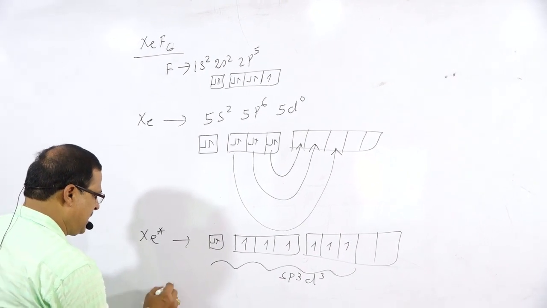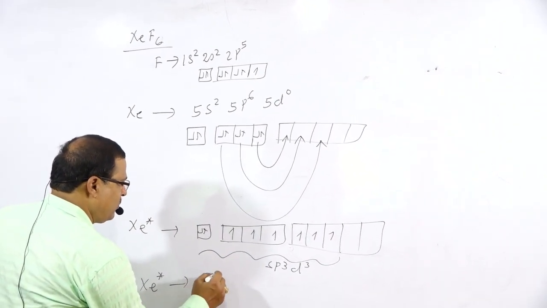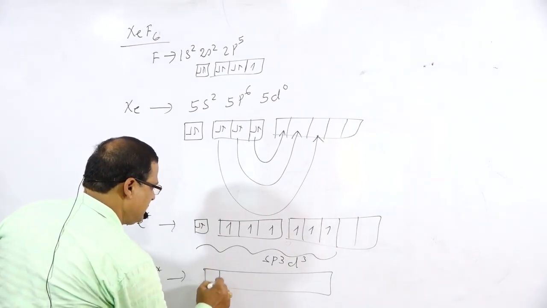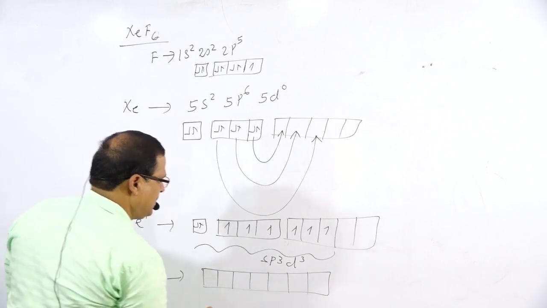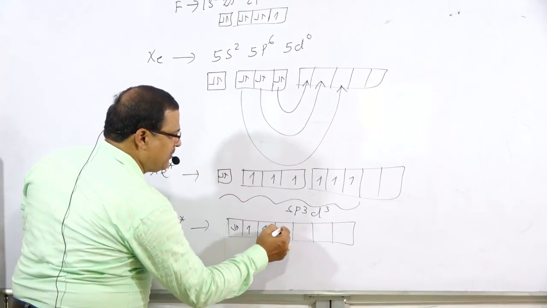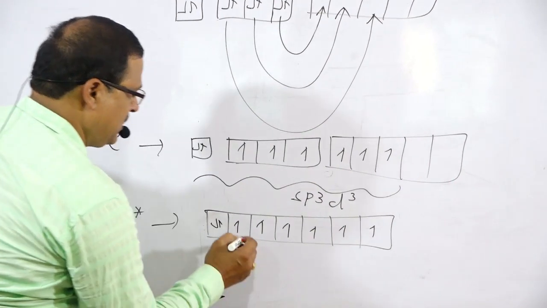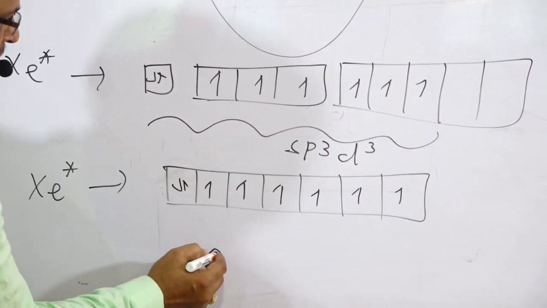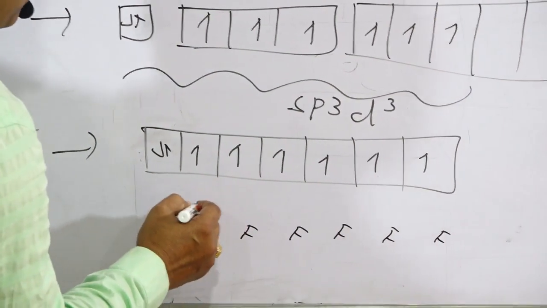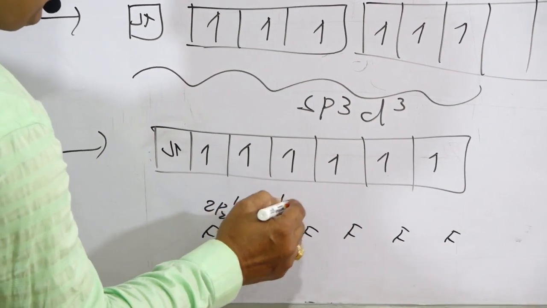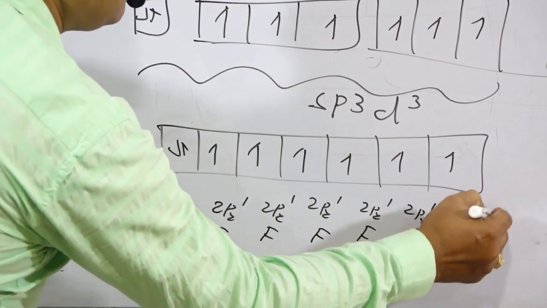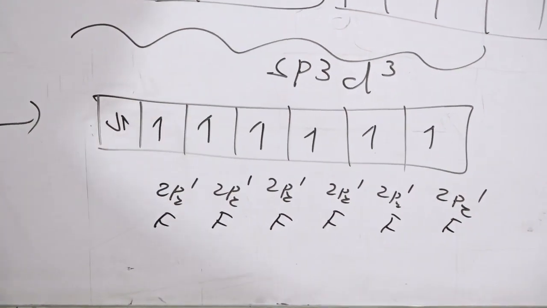So the xenon atom excited has 1 electron pair and 7 hybrid orbitals. The 6 unpaired electrons can form bonds with the 6 fluorine atoms, using the 2pz1 of each fluorine atom, so xenon hexafluoride forms.